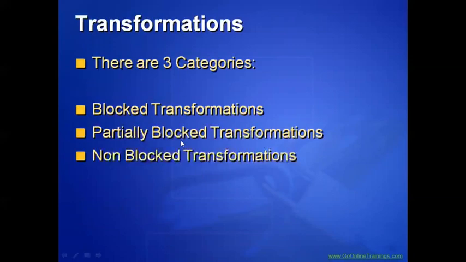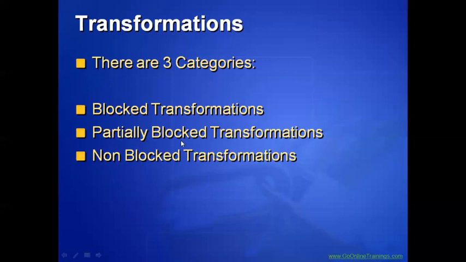Basically, we have three categories of transformations. One is called blocked, the second is called partially blocked, and the third is called non-blocked transformation. Tomorrow we'll talk about the different transformations; it is a compulsory interview question.